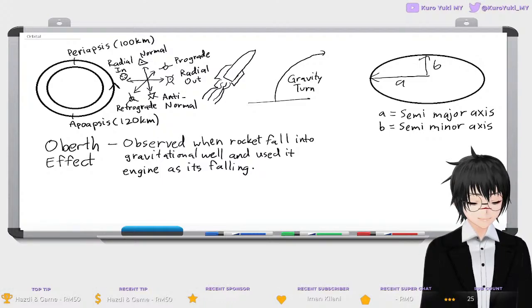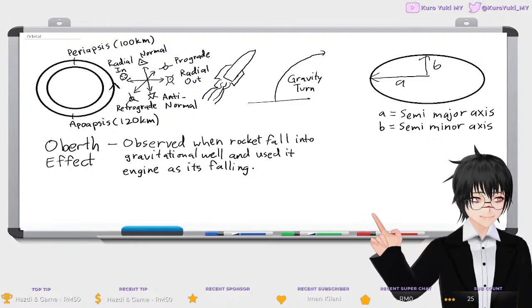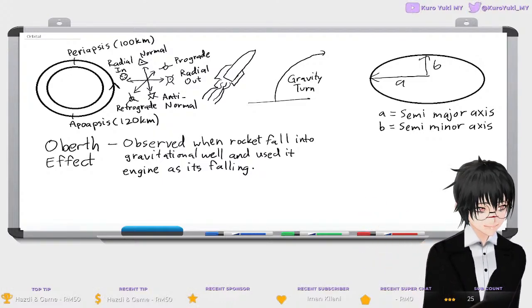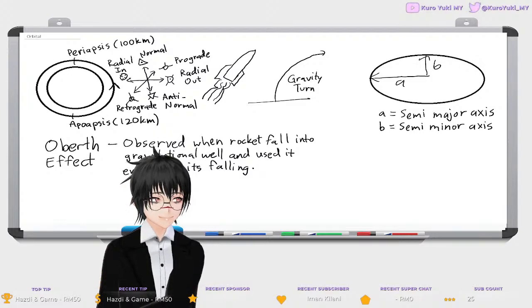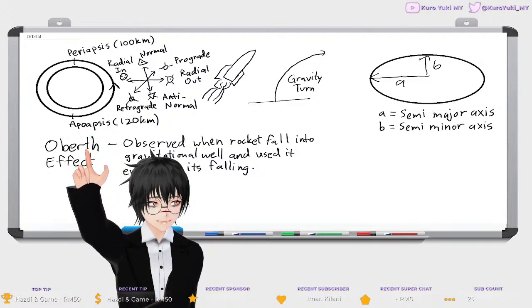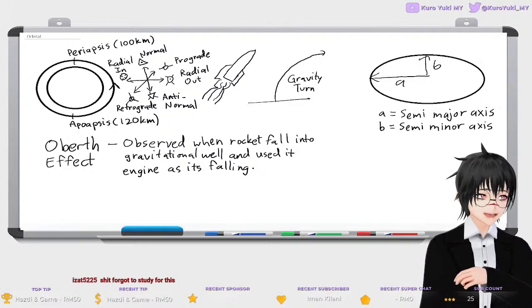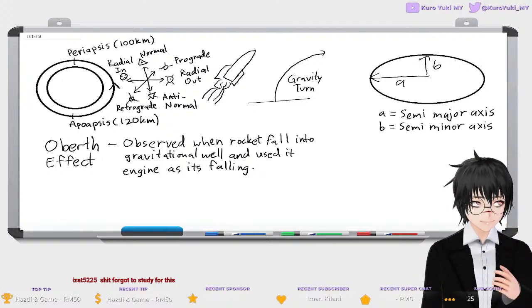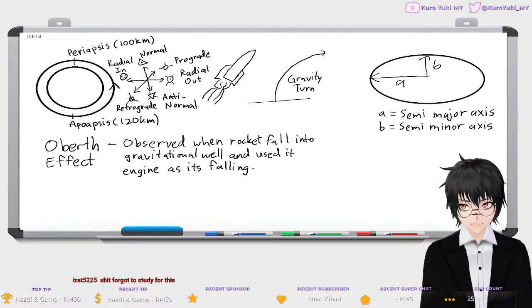As you can see on the top left corner, that is the Earth and the stable orbit.